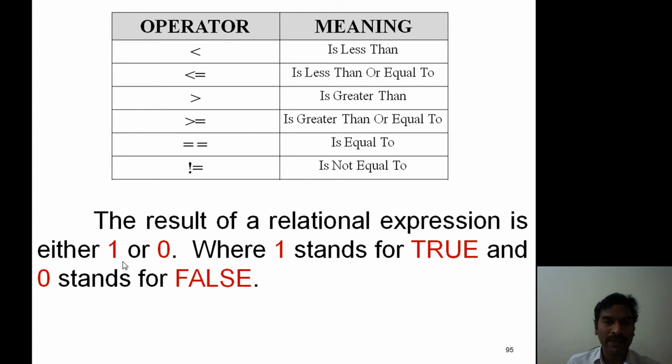Here the internal meaning, 1 means true and 0 means false. Now relational operators are also binary operators. To implement these operators, we must require 2 operands.